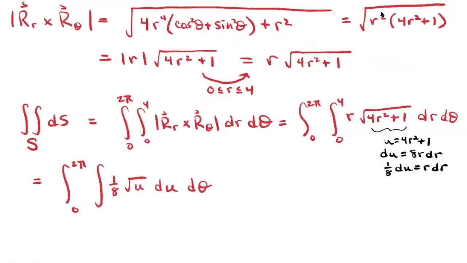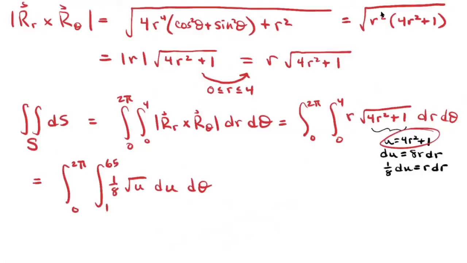U goes from where to where? Well, when r is 0, u is 1, so that's the lower limit I need. And when r is 4, you're doing 4 r squared, so that's 4 times 16, which is 64, plus 1. I think that's 65. That's not nice.